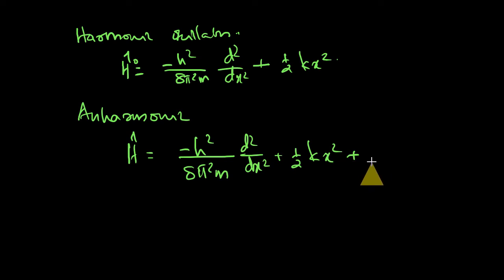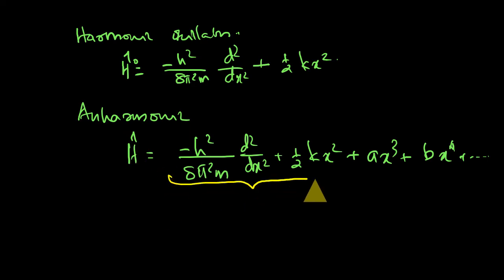For example, I can add a x cube plus b x raised to 4 plus etc. So I can express the Hamiltonian like this. And here you can see that this part of the Hamiltonian is nothing but h cap 0.